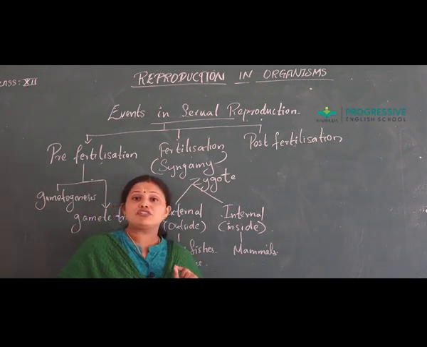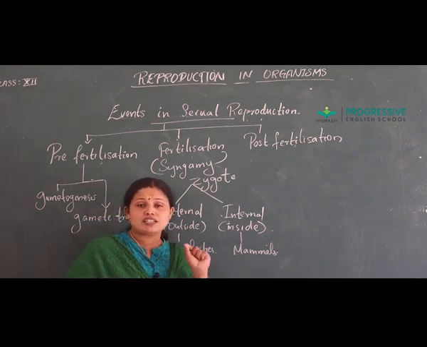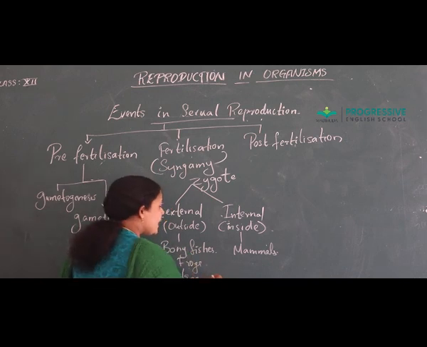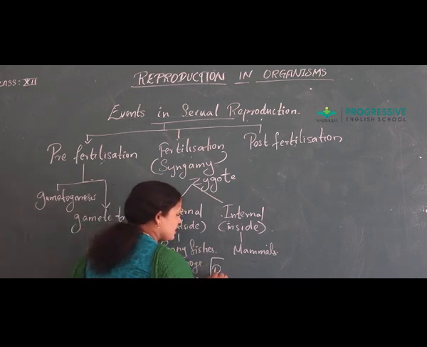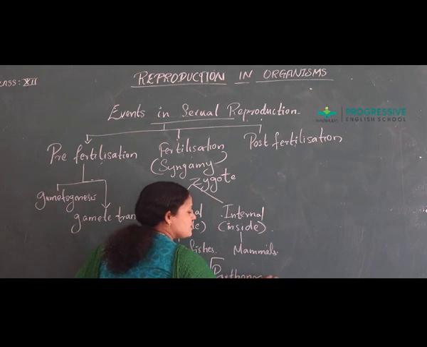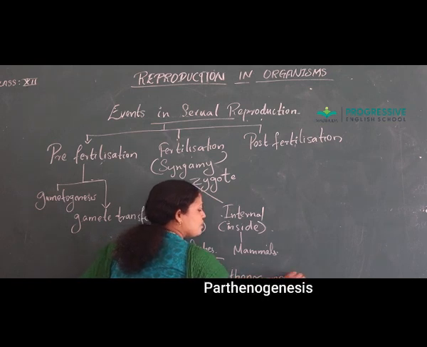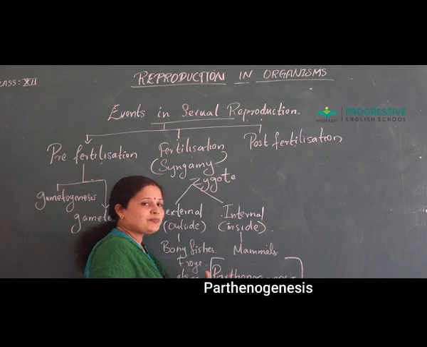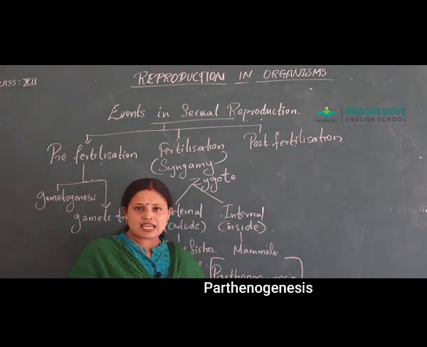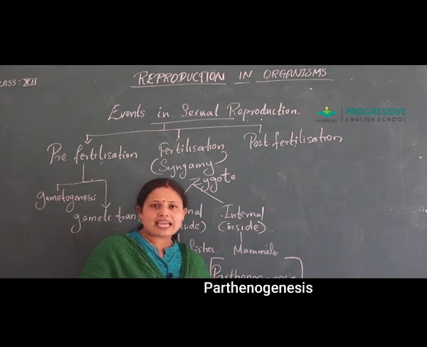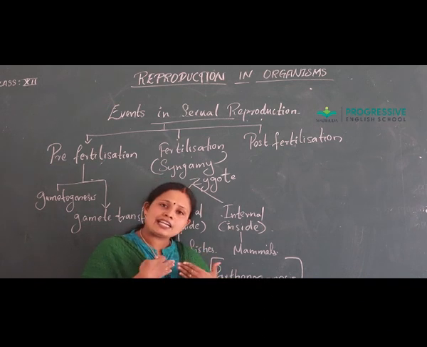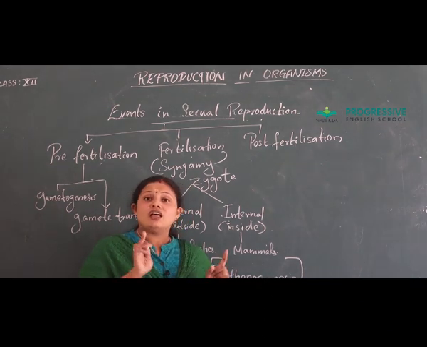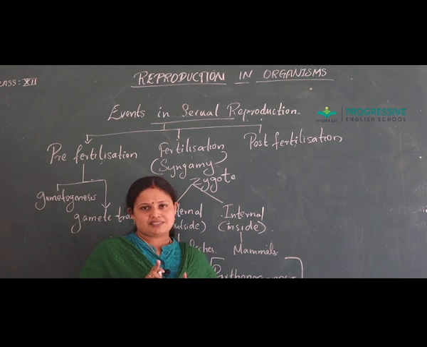And one more thing you have to keep in mind, a very important phenomenon, that is parthenogenesis. So what is parthenogenesis? In some organisms, the female gametes develop directly into an individual without fertilization.